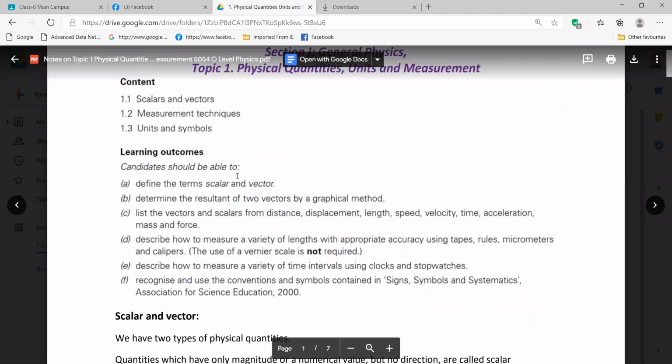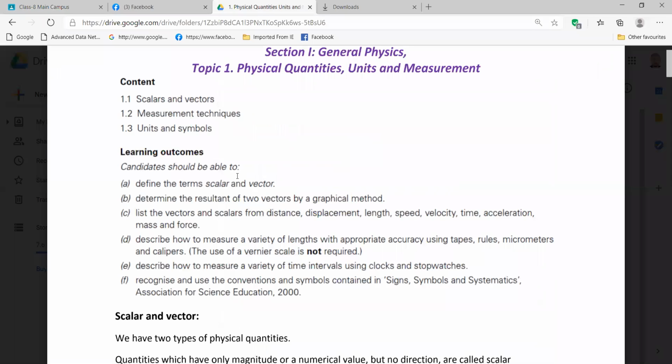So we were going with this one, right? Section 1, General Physics. Topic 1, Physical Quantities, Units and Measurements. Can you tell me from the learning outcomes how much we are done? That day we learned about scalar, vector, then arrows, then method.